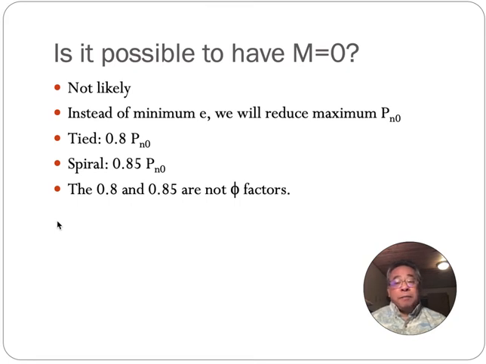For example, the phi factor for tied, if you remember, was 0.65. And so if you take 0.65 for phi, and then you reduce that by 0.8, that's 0.52. You can only get half of that Illinois addition law strength in your column.